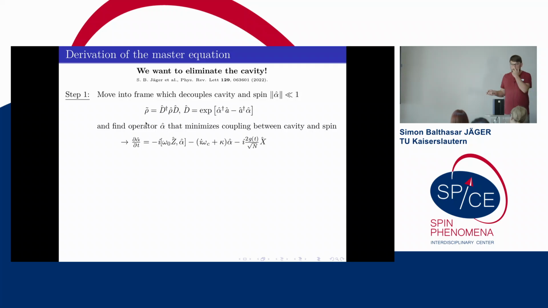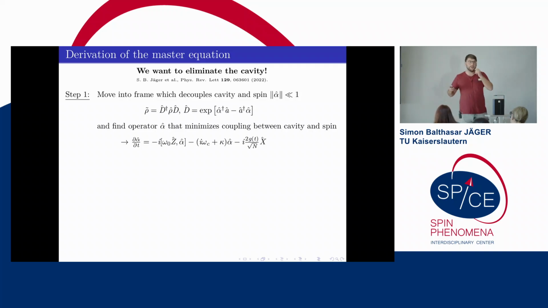The first step is that I want to move into a frame where the light and the matter are even more weakly coupled. This is done by a Schrieffer-Wolff or polaron transformation, which weakly dresses the light field with the matter. This is described by this D over here, and this exponential, where you see the cavity mode and some spin, or in general, some atomic operator alpha. This is a very general operator alpha.